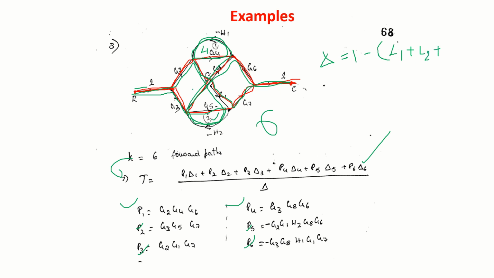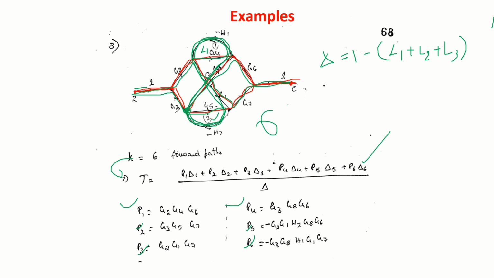Plus, let me find out what other loop I have. Okay, start here. See, go like this, go like this, go like this, come back. That is loop 3. Okay, right.